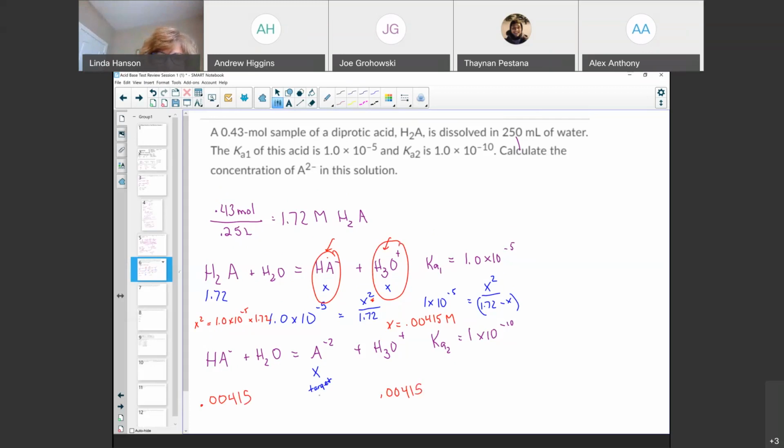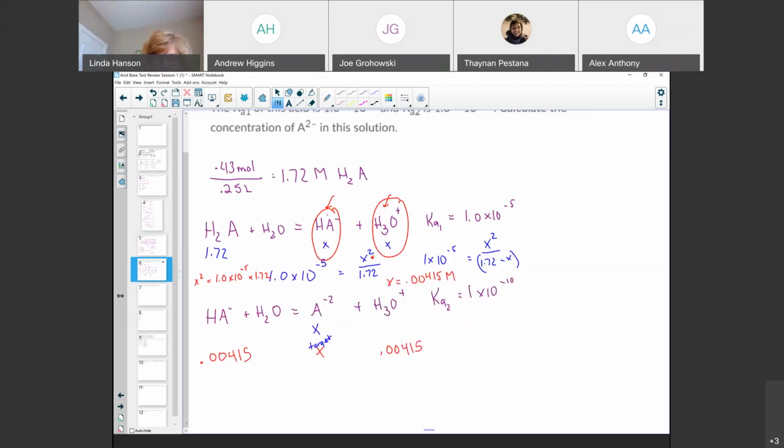What we're looking for now is X, the A-2 number. Ka2 is set equal to the value of A-2, the value of the hydronium ion over the concentration of HA-.